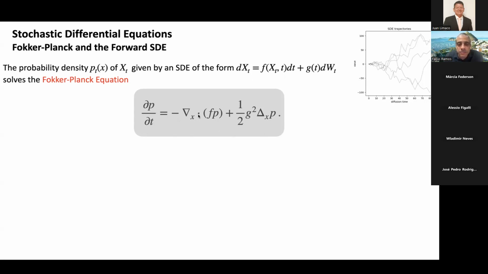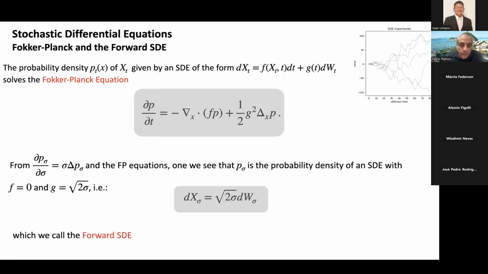So the marginal distribution of this stochastic process satisfies this PDE, right? And now if you look at the last slide result, our PDE, and take a look here at the Fokker-Planck equation, we actually see that this equation is the Fokker-Planck equation of this stochastic process.